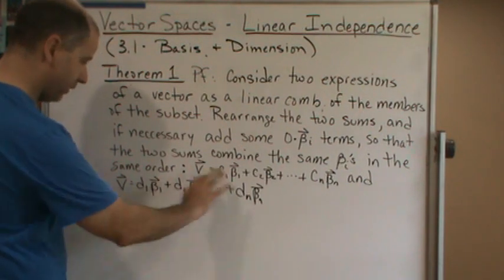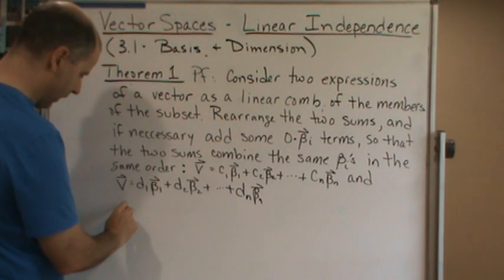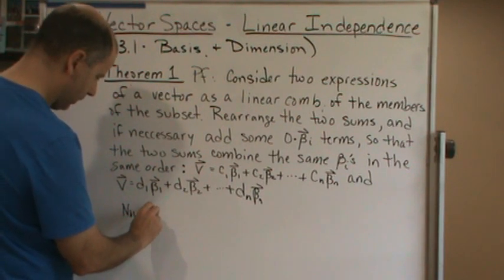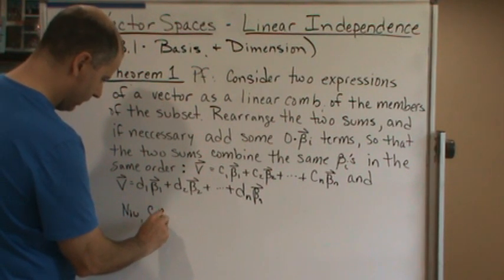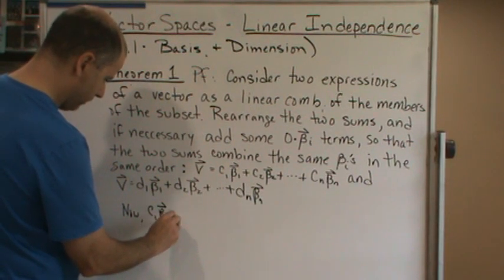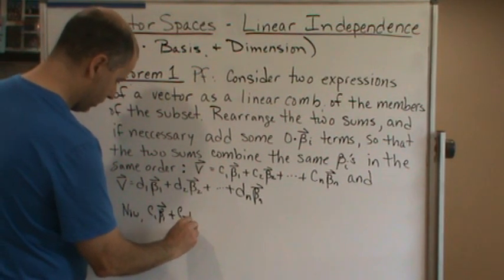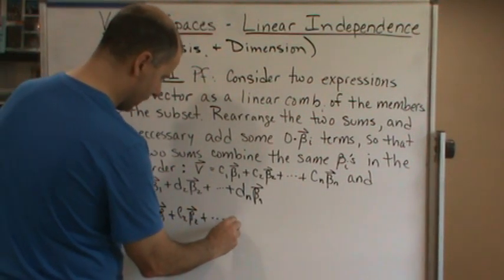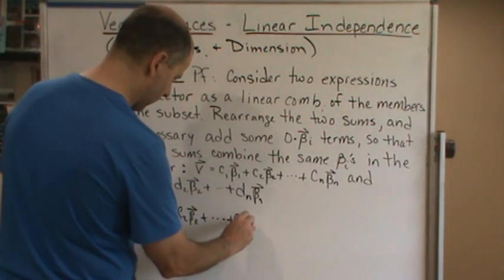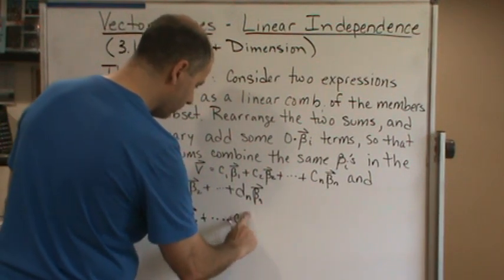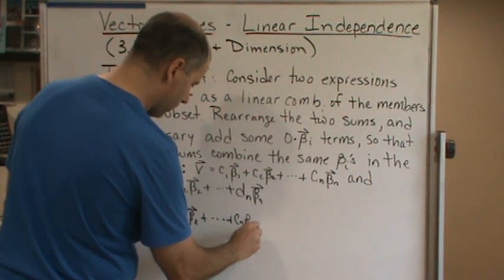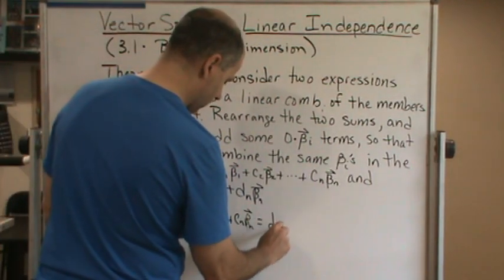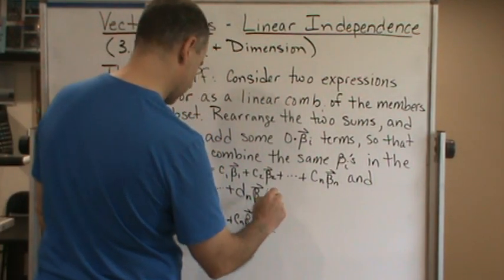So if we have this, we're going to say C1 beta 1 plus C2 beta 2 plus dot dot dot plus C sub n beta sub n is equal to, hold on a second.